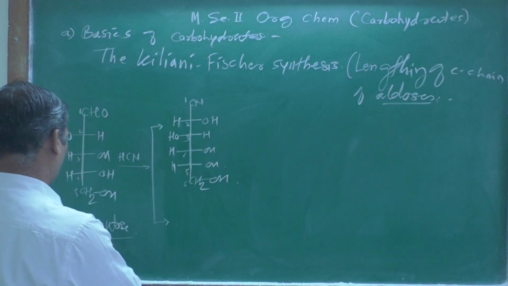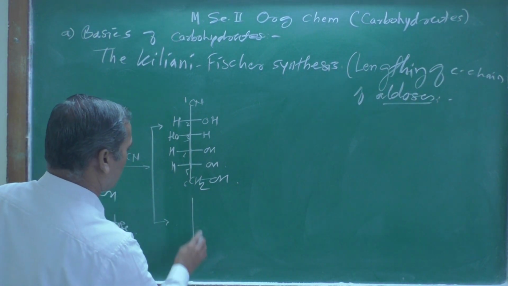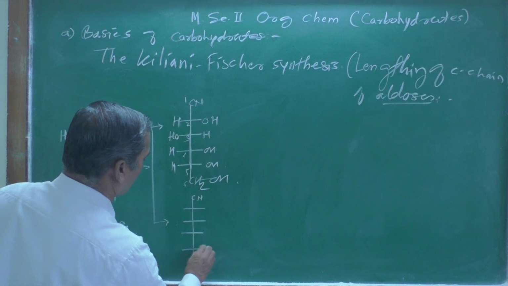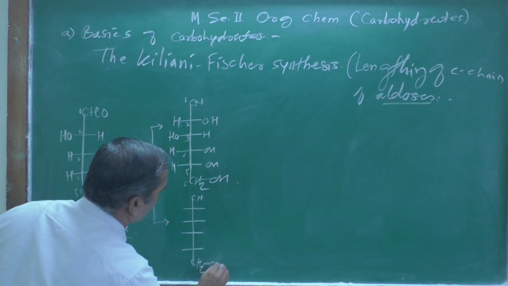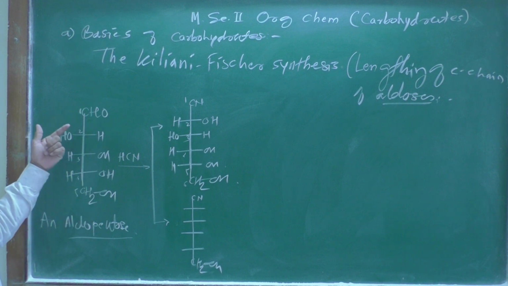And let's see over here what is going to happen. Here again, the same thing, a cyanide group over there, and 1, 2, 3 and 4 chiral centers are generated, CH2OH. If you look at the starting material, there are 3 chiral centers, 1, 2, 3.